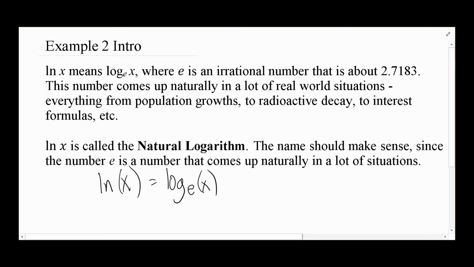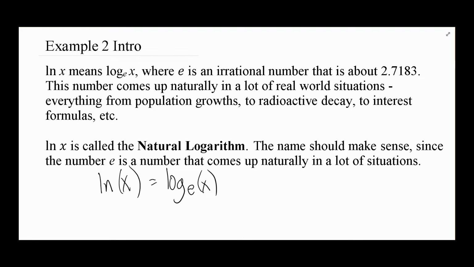That's an irrational number. So we give names to very common irrational numbers that we see a lot, like pi. Pi comes up a lot because it has to do with circles. It has to do with the ratio of the circumference to the diameter. It comes up so frequently that we gave it a name. E is another one that comes up really frequently, so we gave it a name.